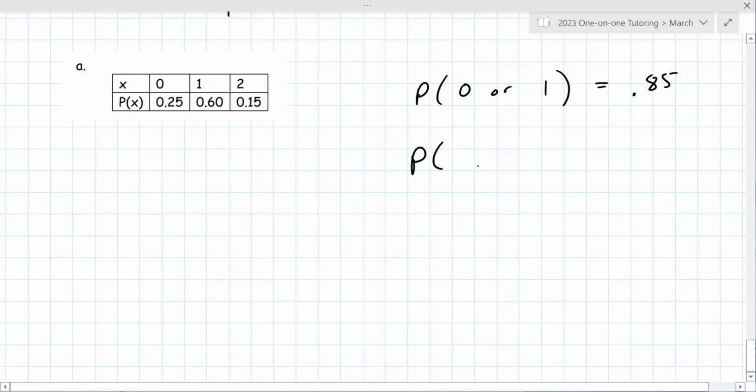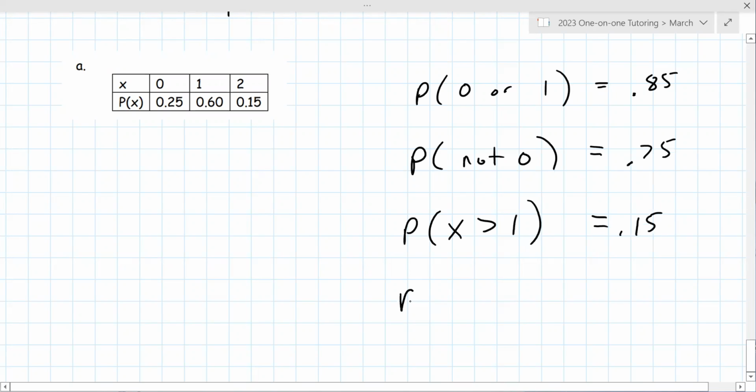What's the probability of not 0? 0.75. Good. What's the probability of getting a number that is greater than 1? 0.15. Very good. What's the probability of getting a number that is less than or equal to 2? It is 1. Very good.